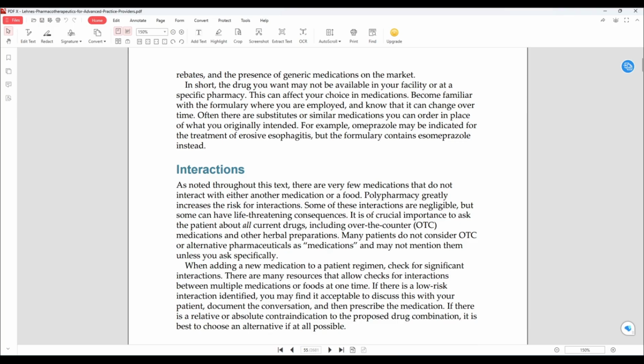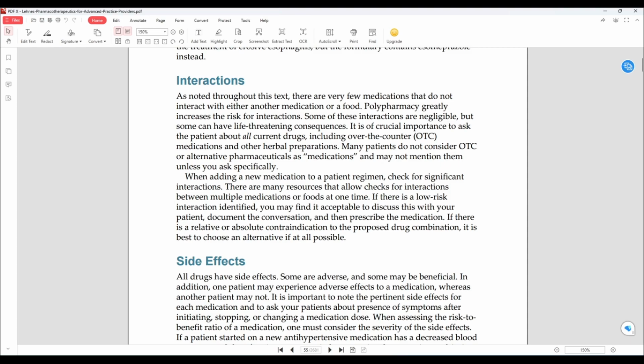For example, omeprazole may be indicated for the treatment of erosive esophagitis, but the formulary contains esomeprazole instead. Considering interactions. As noted throughout this text, there are very few medications that do not interact with either another medication or a food. Polypharmacy greatly increases the risk for interactions.